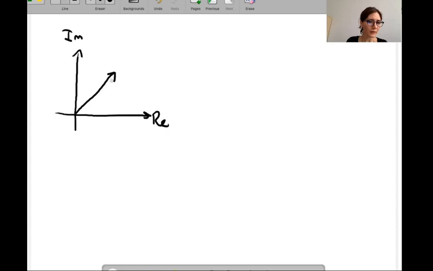Its real part is going to be equal to Ni of t, and its imaginary part is going to be equal to Nq of t. Well, then this is our process NLP of t.